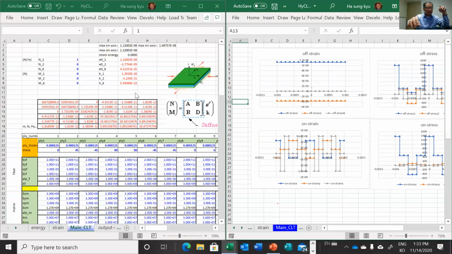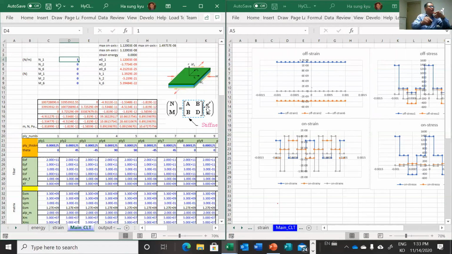Now, let's take a look at how much strain we have. Here the value is about 1.12 times 10 to the minus 8.